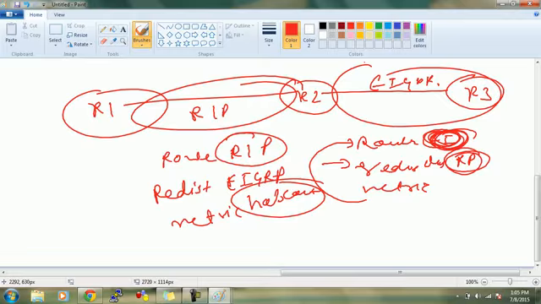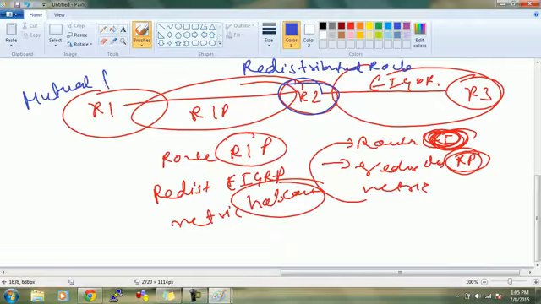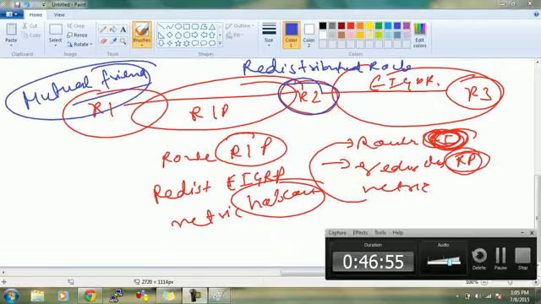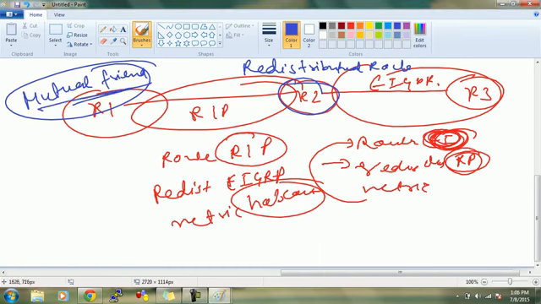Okay, look here. In this case, this router is called the redistribution router. आपके फेसबुक पे म्यूचुअल फ्रेंड होते हैं. म्यूचुअल फ्रेंड का मतलब क्या होता है, वो आपको भी जानते हैं और उसको भी जानते हैं.